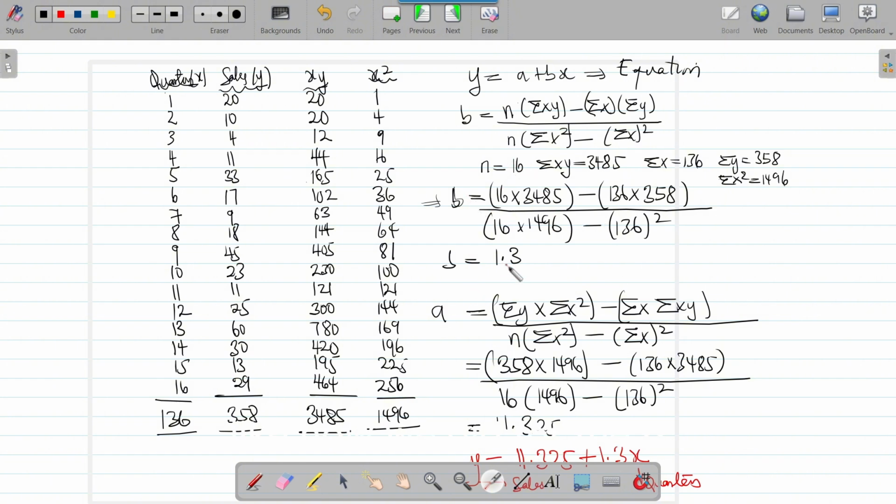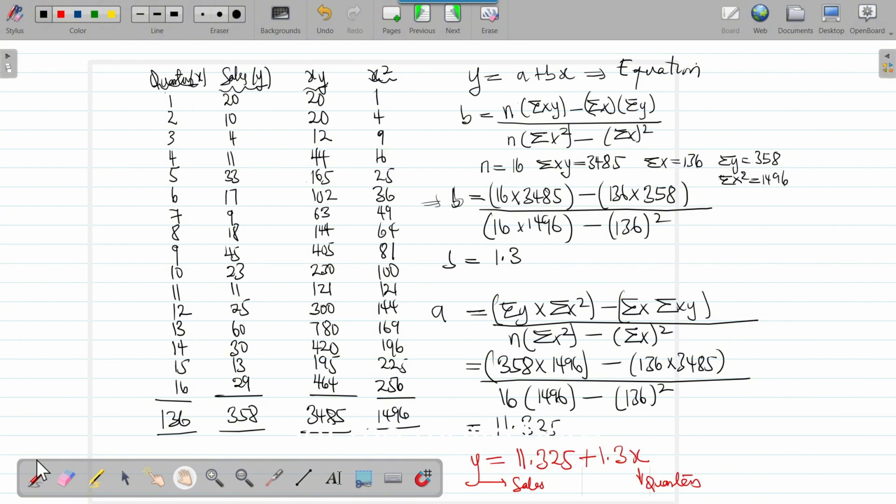Like how we did for the B, we put the values into the formula, and when we multiply the top and the bottom, and we divide the numerator by the denominator, we get 11.325.